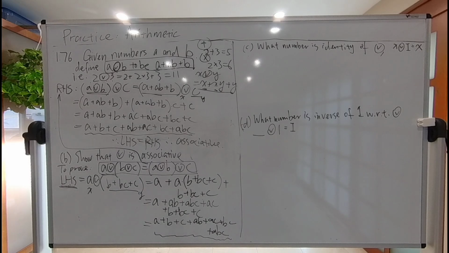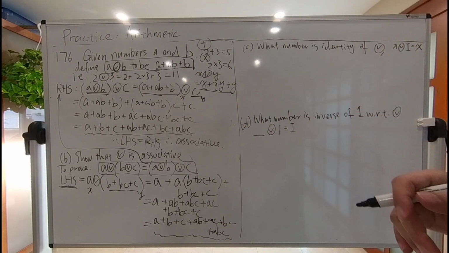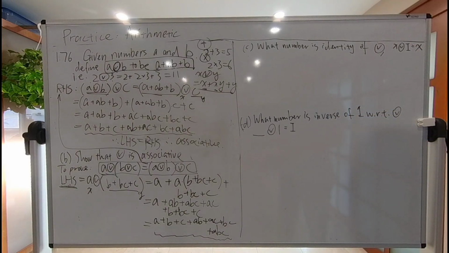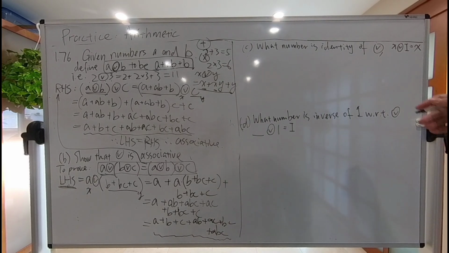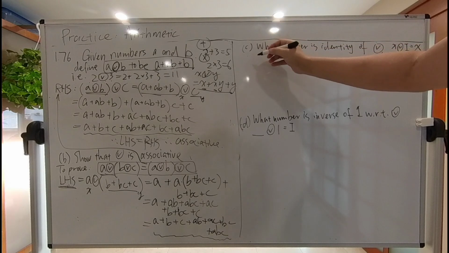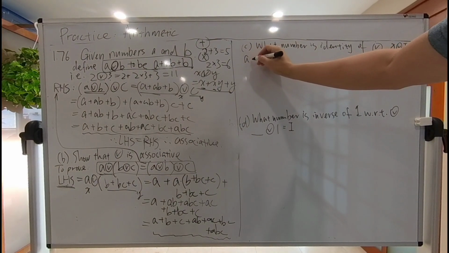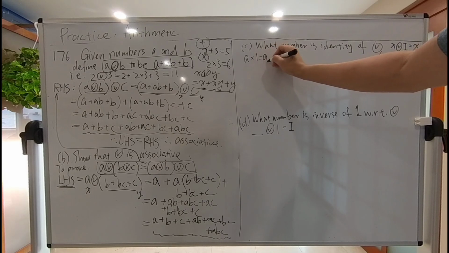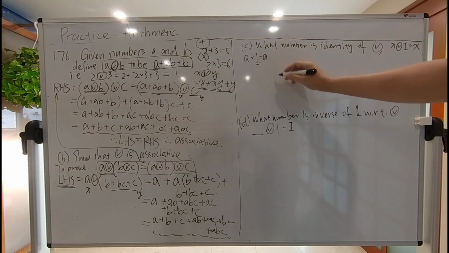Okay, so next we're going to check within this operator if there exists an identity number under this operator. So identity means, like again, in multiplication, any number A times 1 equals A, then the number 1 is the identity of multiplication, right?